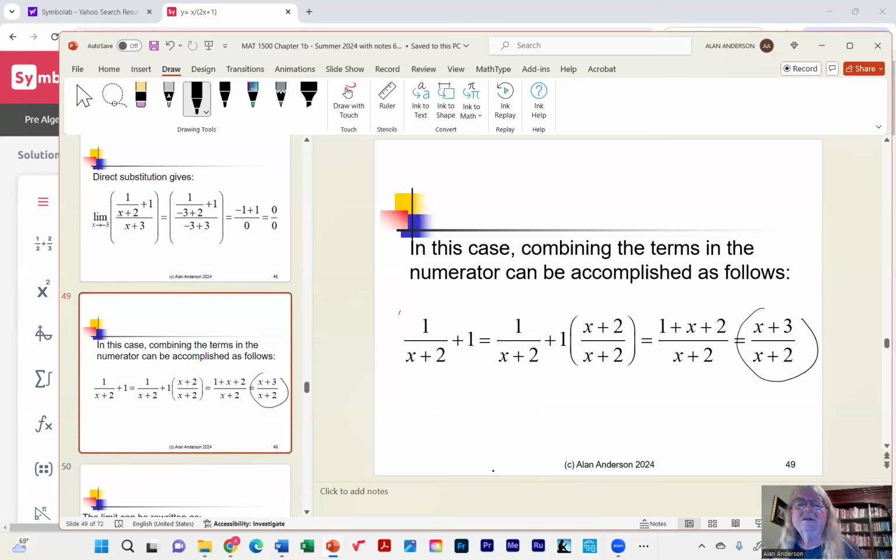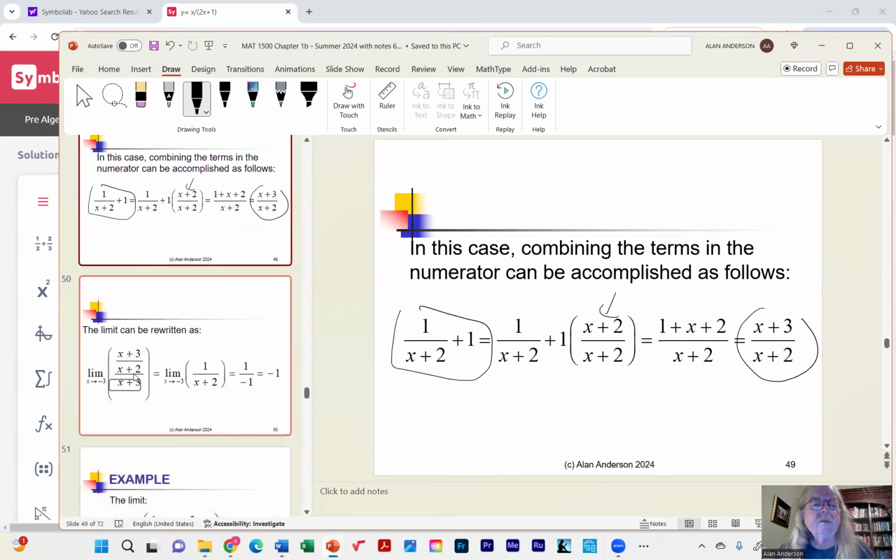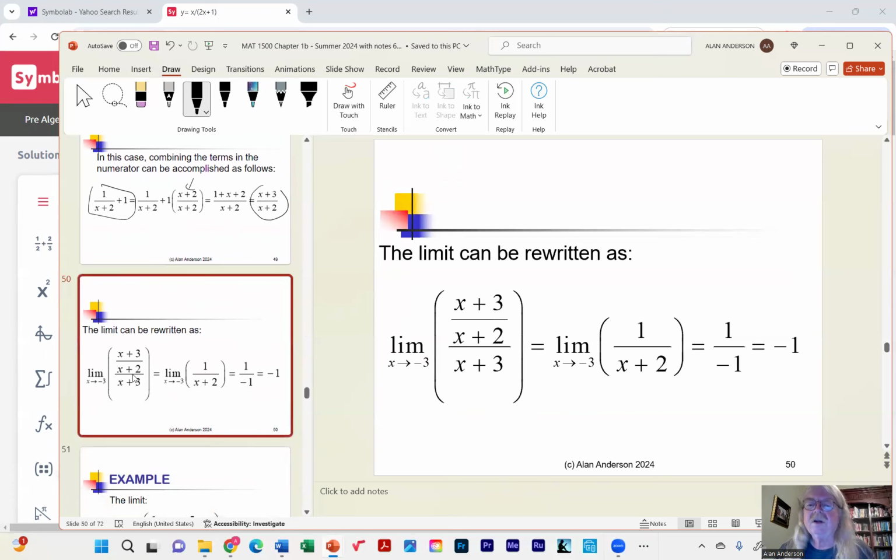This is where we started. The 1 is the same thing as x plus 2 over x plus 2. And so that leaves us with 1 plus x plus 2 over x plus 2, or just plain x plus 3 over x plus 2. So you can see then we plug that into the original equation, and guess what happens?